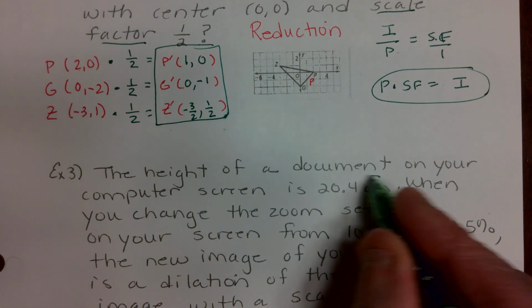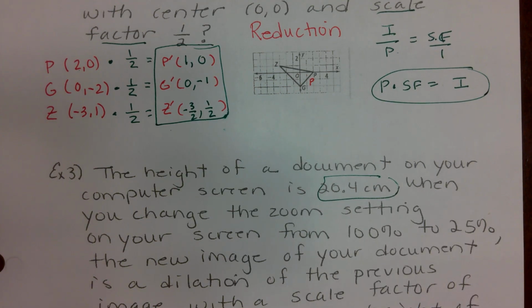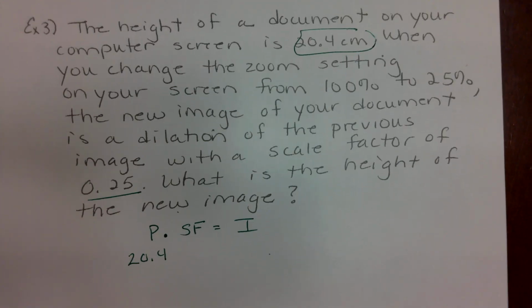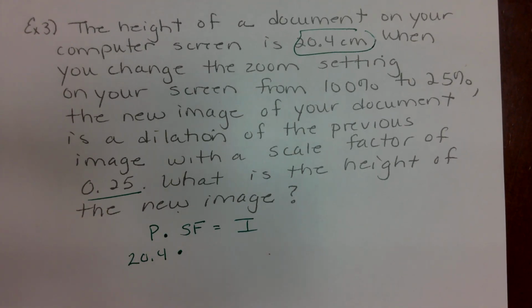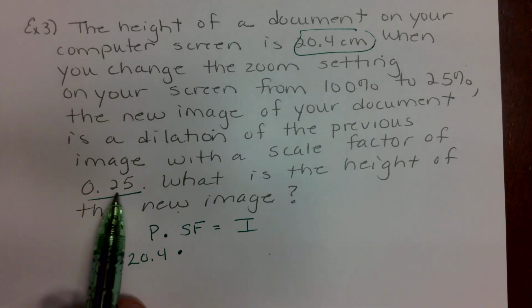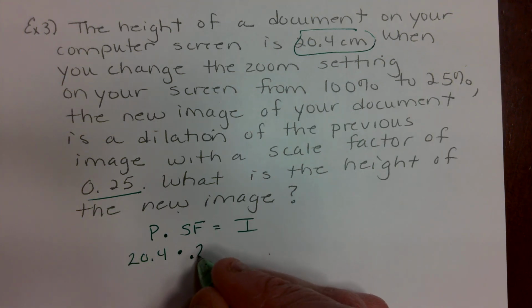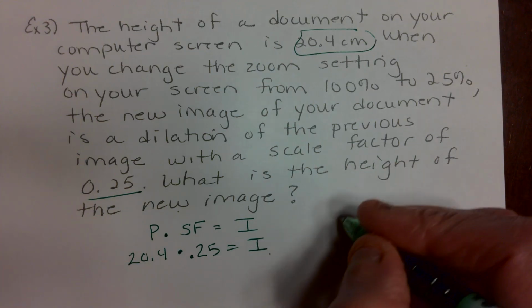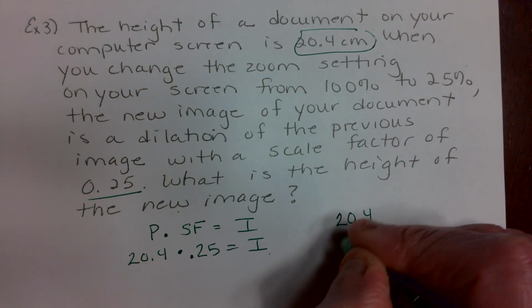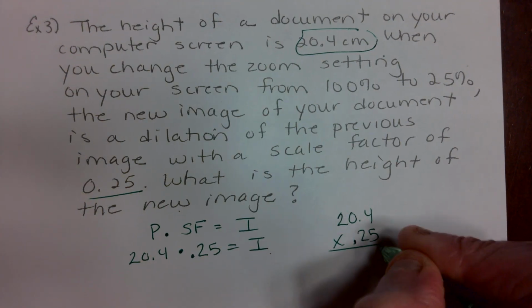20.4, right here. Oops, we're not on the screen. There we go. 20.4 times the scale factor, which is, it got reduced to 25%, so change that to a decimal, and you get your image. You guys can use your calculator or not.